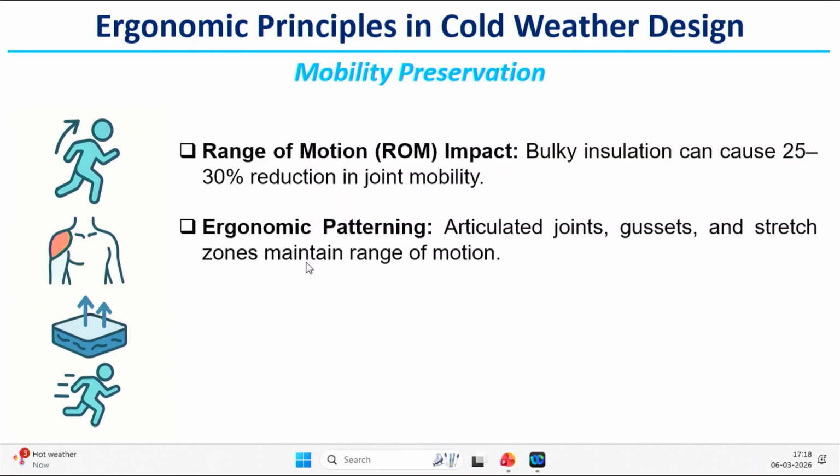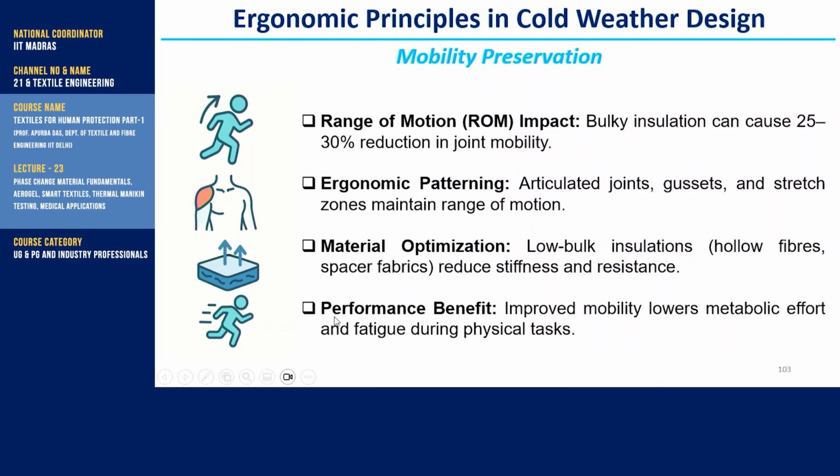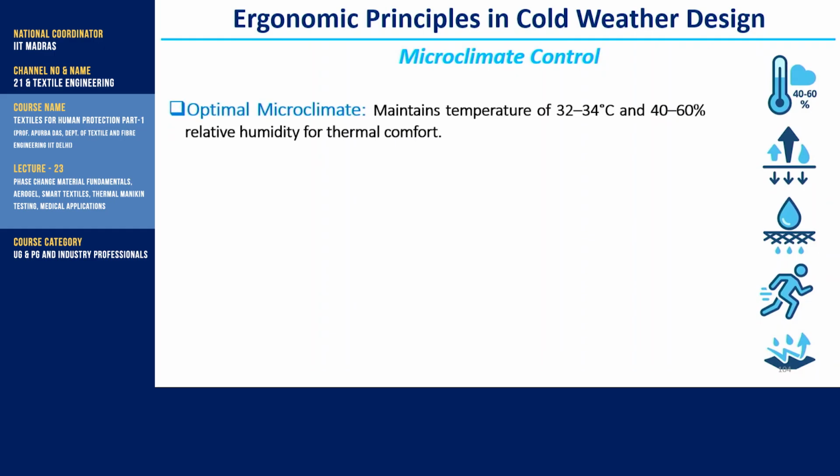So, insulation is required, but if we increase the bulk, that will reduce the mobility of the human being. So, ergonomic patterning is required, with articulated joints, so that it does not restrict the stretch. And material optimization: low bulk insulation is required, using hollow fiber and thinner fabric to reduce the stiffness and resistance. The performance benefit is improved mobility and lower metabolic effort and fatigue during physical tasks. And the microclimate can be controlled.